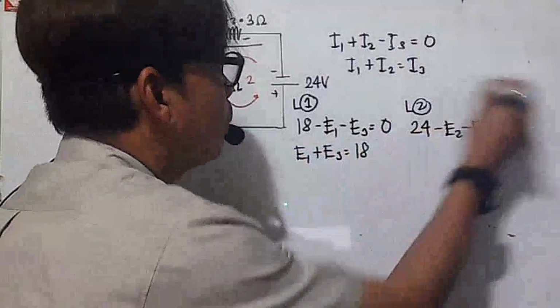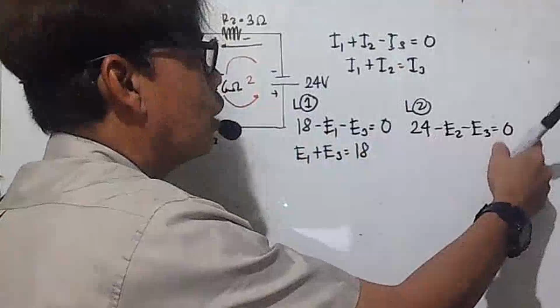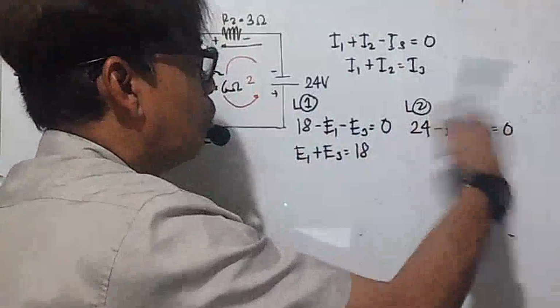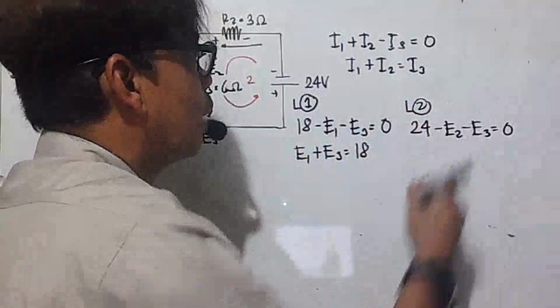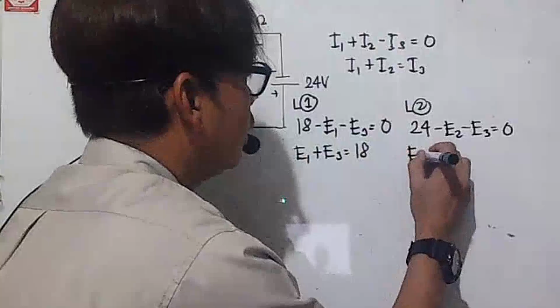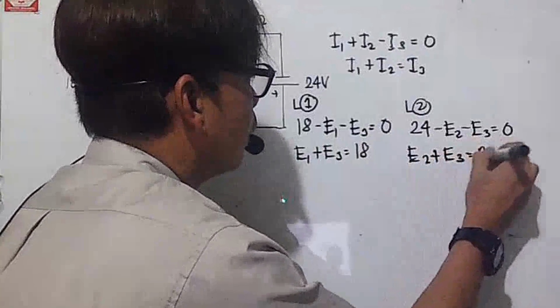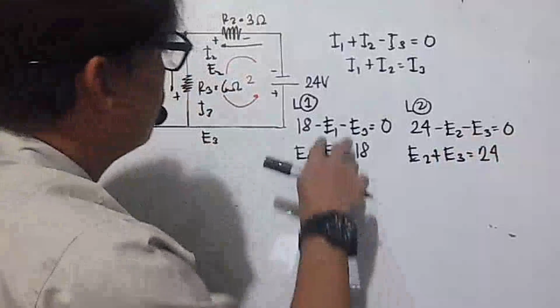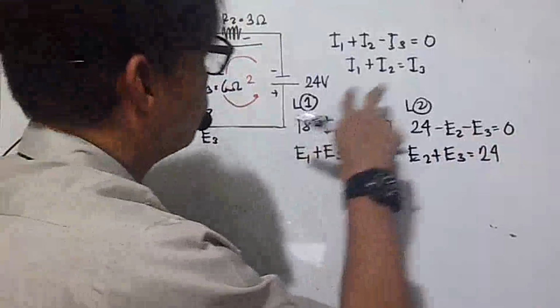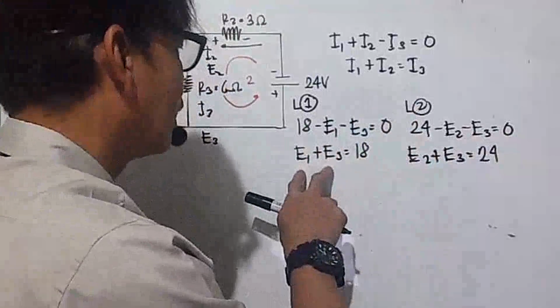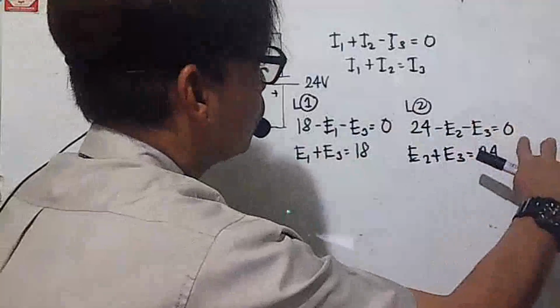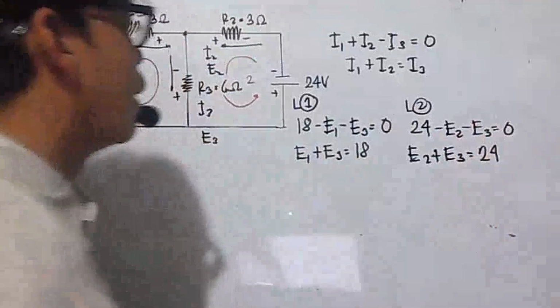And then here, we transpose this, and it becomes negative. When you transform it to positive, multiply both sides by negative 1, this becomes positive. So it is E2 plus E3 is equal to 24. Or to make it easier, these two are negative, just transpose them over there, so they become positive. And this one transposed over there, so both negative become positive.